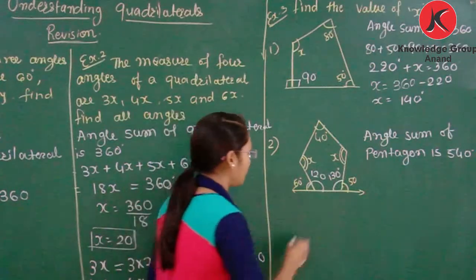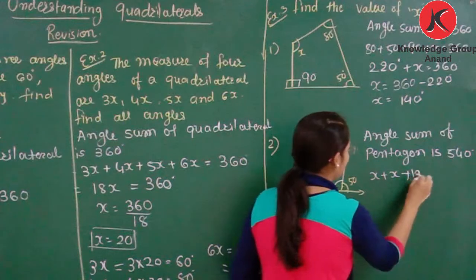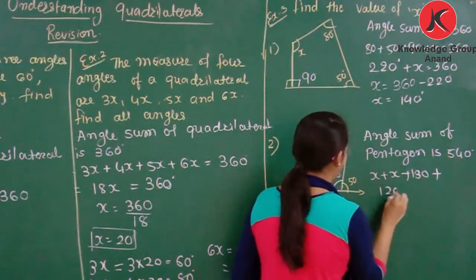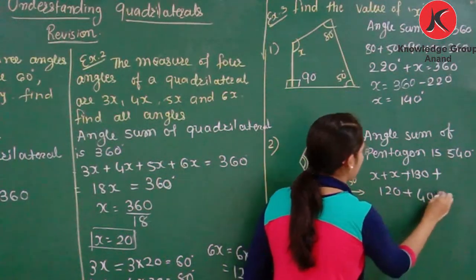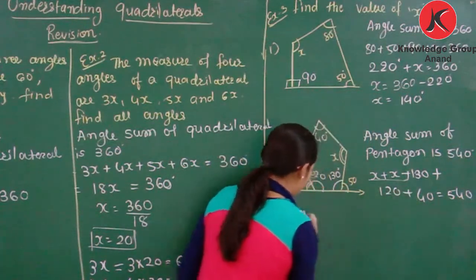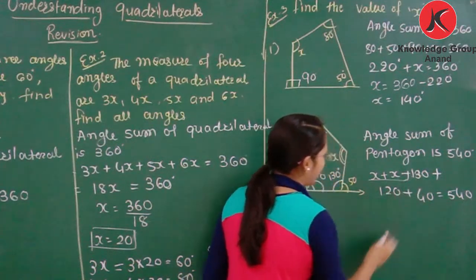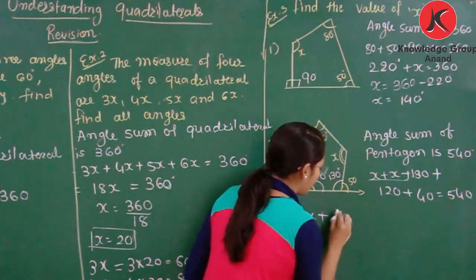So we can write x plus 130 plus 120 plus 40 is equal to 540. X plus x, that is 2x. 130 plus 120, that is 250 plus 40, 290.